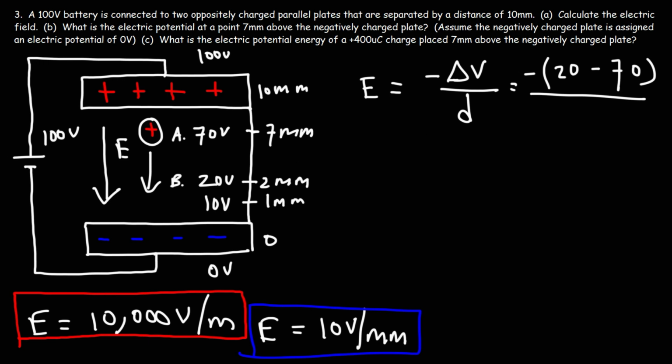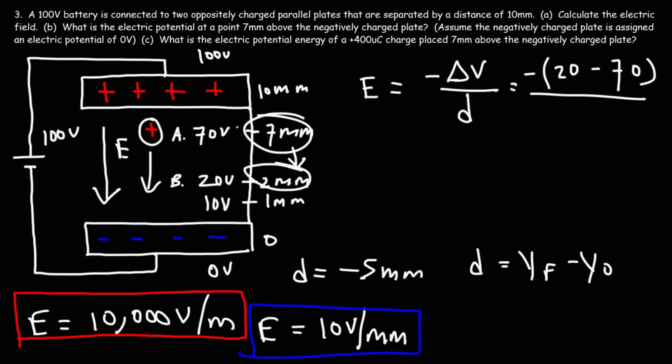Now the displacement relative to the negatively charged plate, what's D? The displacement is going to be negative 5 millimeters if we move from point A to point B, because we're going down the negative y-axis. If you take displacement as the final position minus the initial position, this is your final position 2 minus your initial position 7, so you get negative 5.